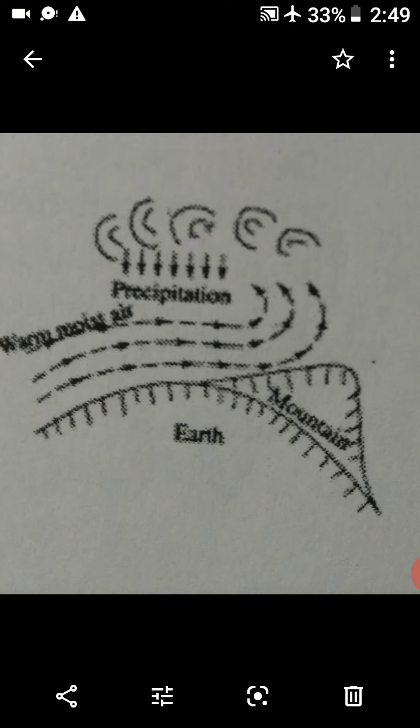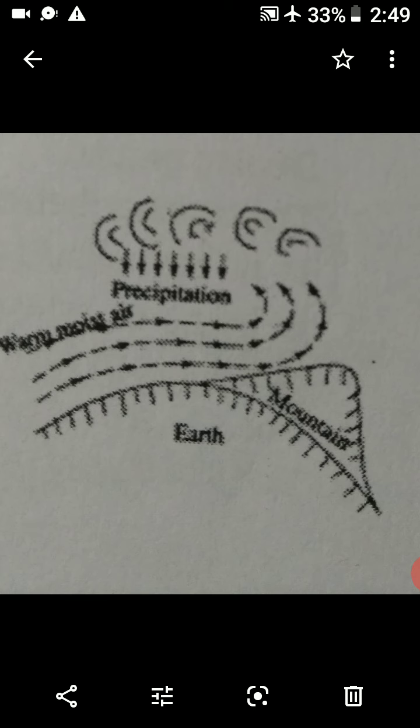Where the mountain is there and the moist wind is moving with velocity, there is an obstacle due to the mountain. So the warm moist air changes direction and starts moving upward and reaches the clouds.